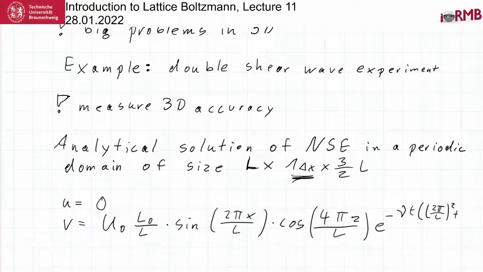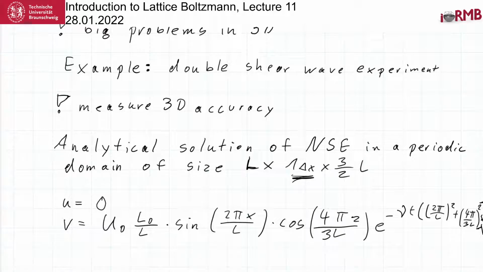So it's (2 pi by L) squared plus (4 pi by 3 L) squared. I made a mistake here, there must be a 3 here. So now I'm squaring this and closing the brackets. Okay, so this is the solution.